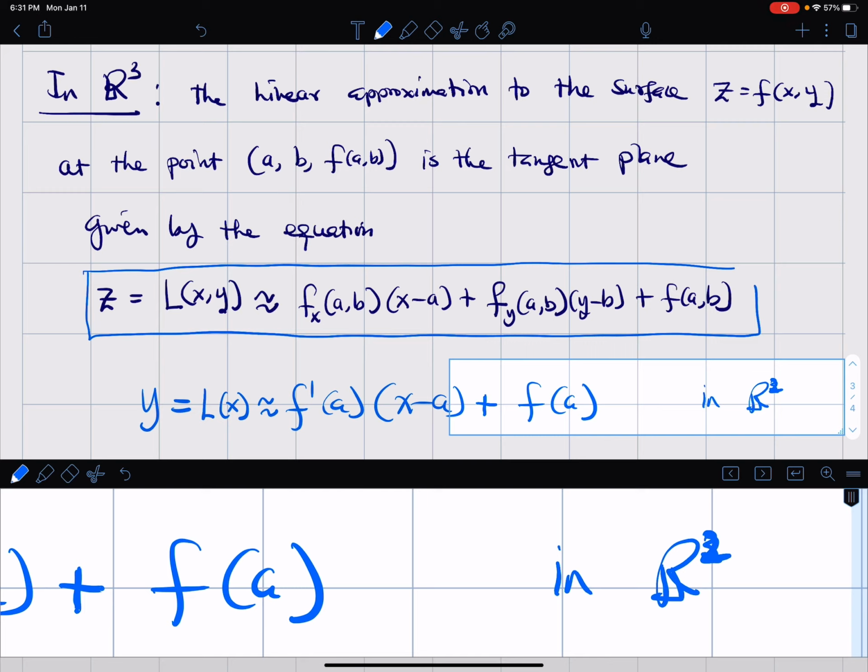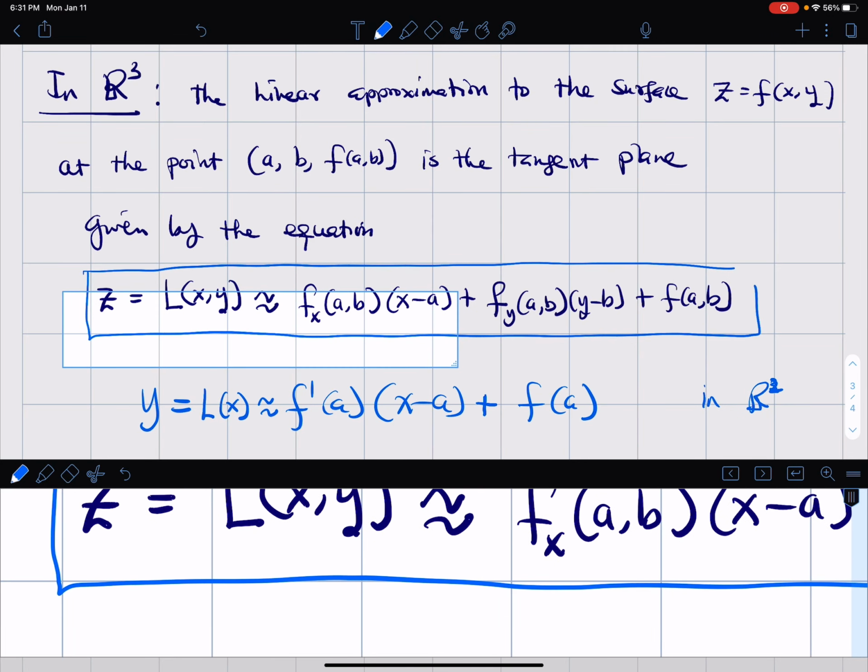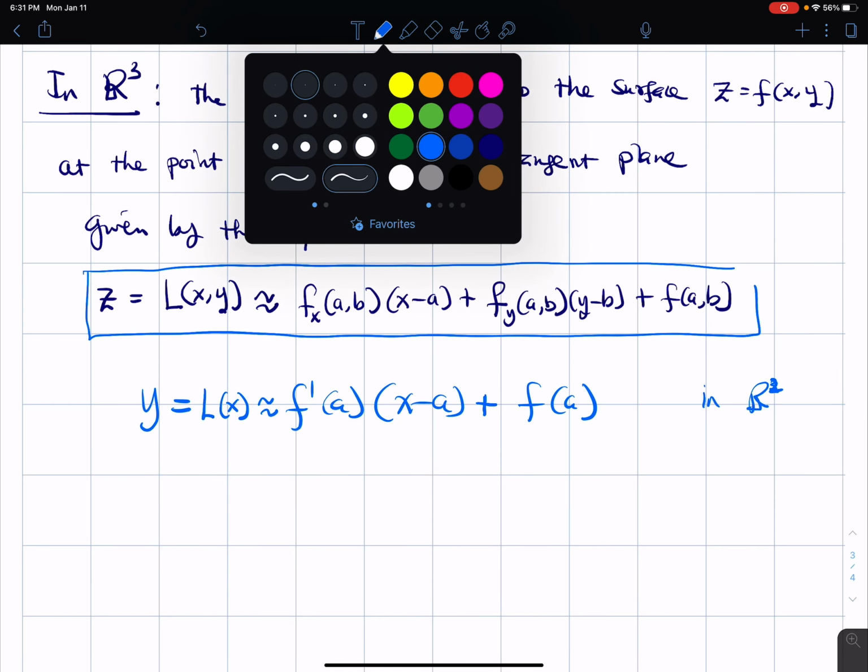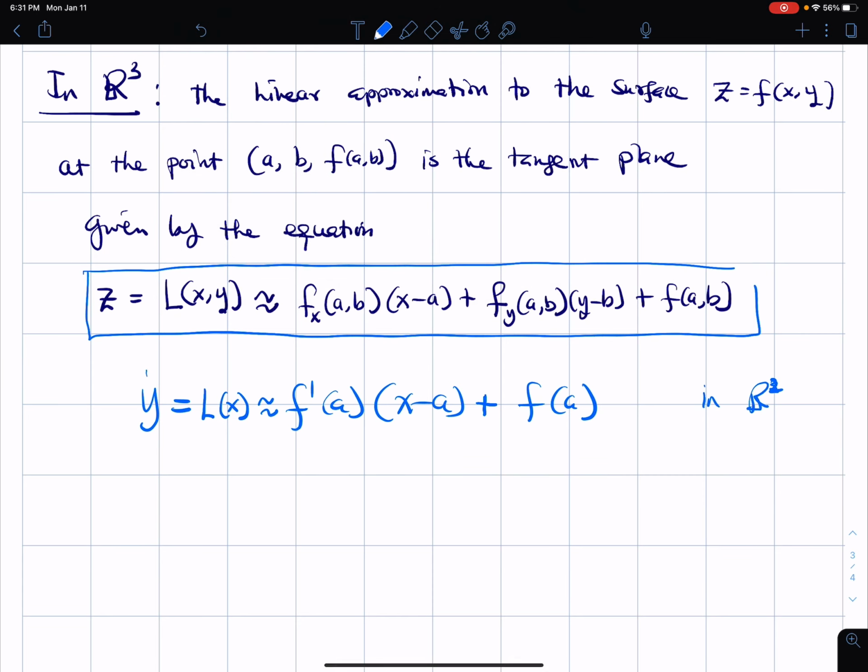You guys already probably see the comparison, so I'm going to connect this to that, and this is that, and this is that, right?